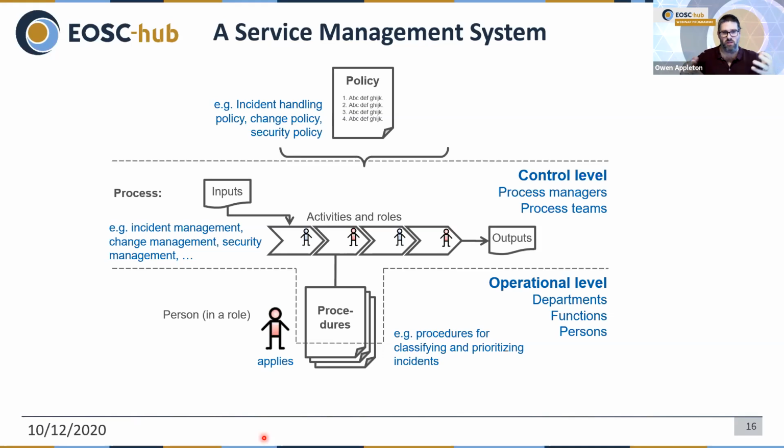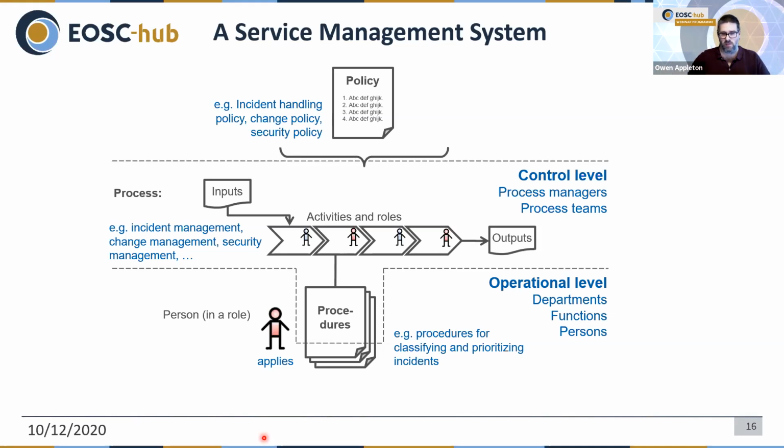Each one has inputs and outputs, it has activities and roles within it, it has goals, it has KPIs, management structures, but they are somewhat separate. So there is one, for instance, about customer relationship management, that's a process. There's another about capacity management, that's a process. So these are the kind of things we have in this control layer.